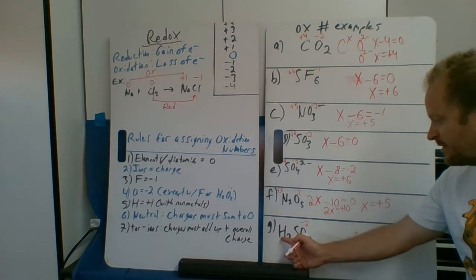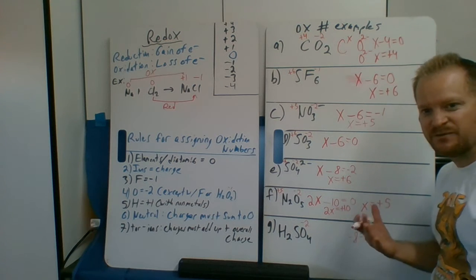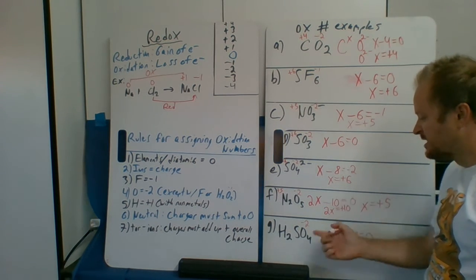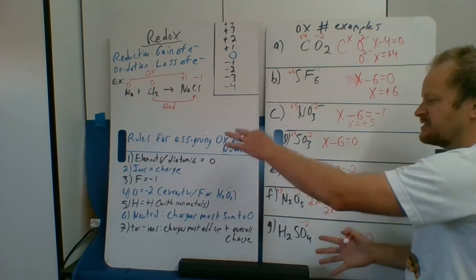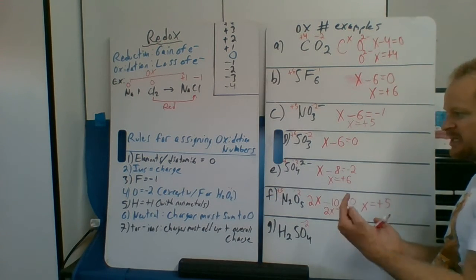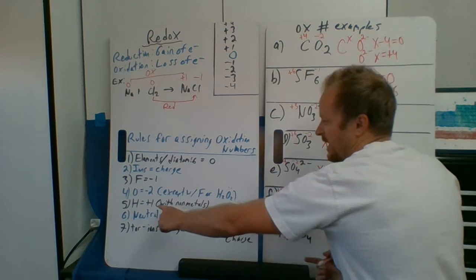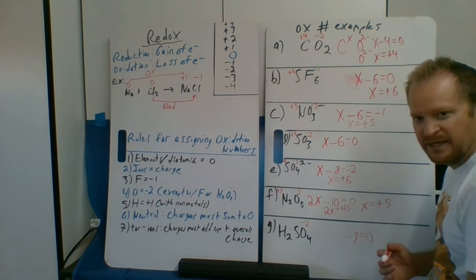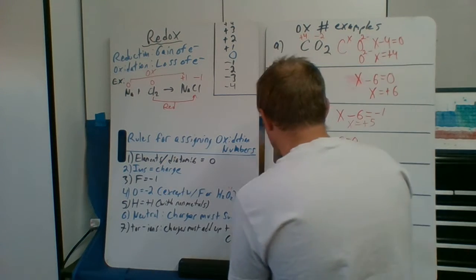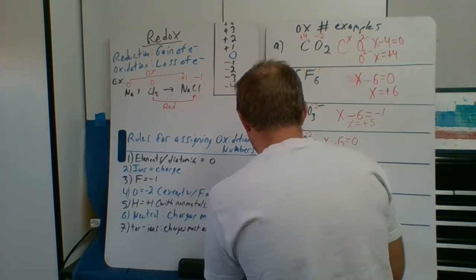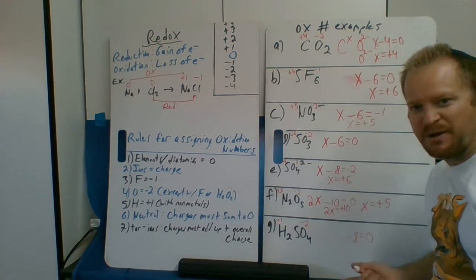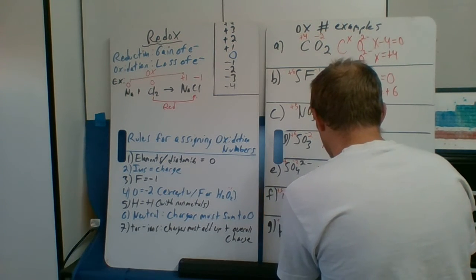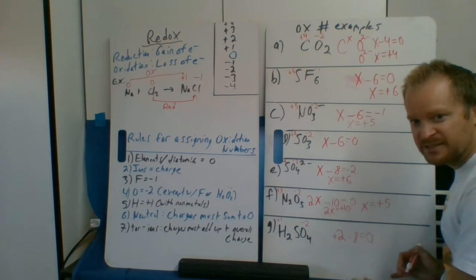Now we have to figure out what H is and what S is, because for the first time, we have 3 species total in this compound. So just look and see if any of these have any other rules. And if you look here, hydrogen has a rule. If it's with other non-metals, which these all are, it would be +1. So we know what hydrogen is. It's +1, and there's 2 of them. So that gives us +2 in this equation.